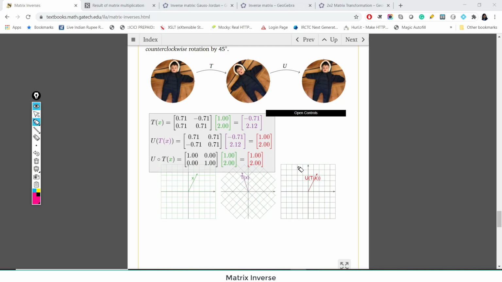If you are finding these things a little confusing, I would say take your time, play around with this interactive book and the calculator and verify yourself.